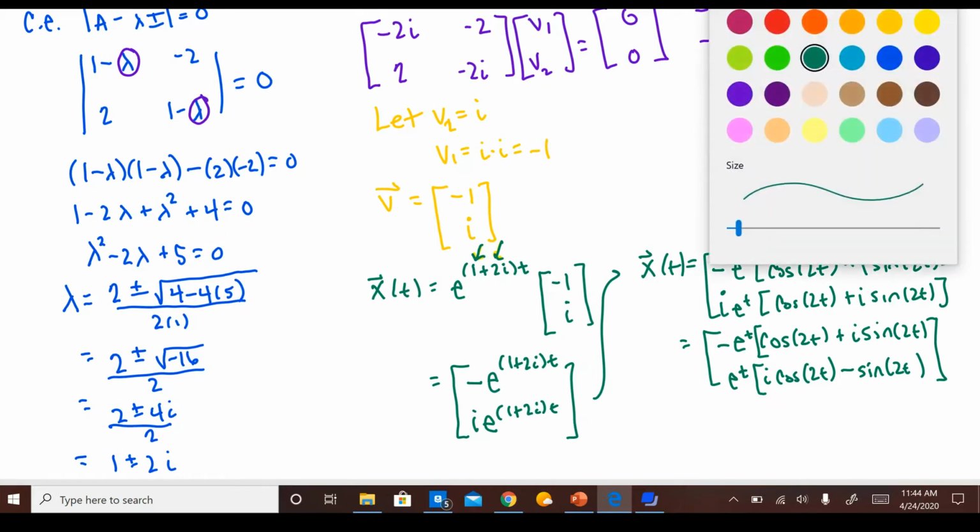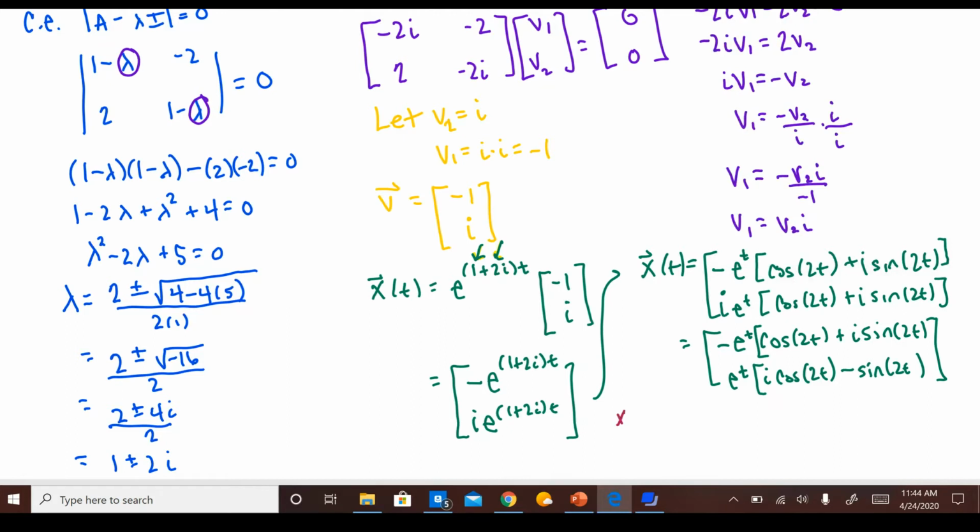So one particular solution, x sub 1 of t, is going to consist of the real parts, which looks something like this. I'm going to write it as e to the t times negative cosine of 2t, negative sine of 2t.